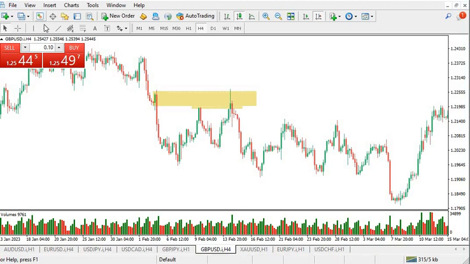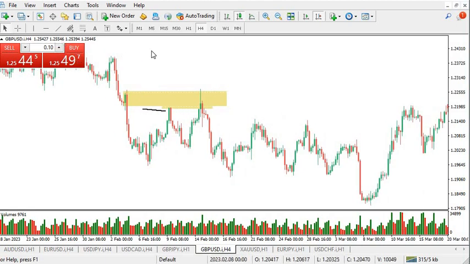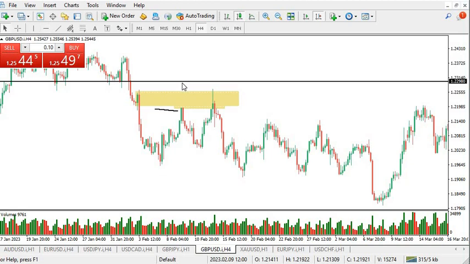The market took the liquidity from this short-term high, and it also mitigated the order block. So what we would have done, we would have placed our stop loss, let's say 5 to 6 pips above the order block, and we would have targeted the next order block as our profit target area.